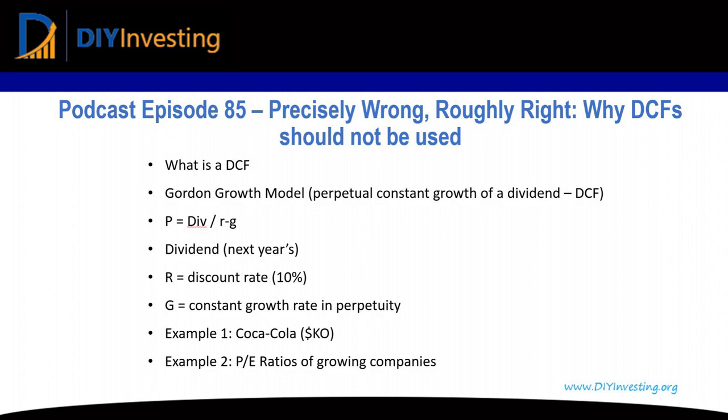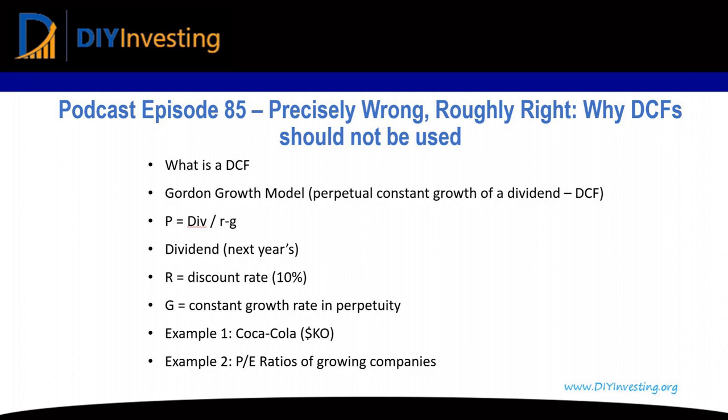Well, really what we're talking about here is using ranges for your intrinsic value instead of precise numbers. So instead of a number that says, this company is worth $120, you might have a calculation that says the company is worth somewhere between $80 and $150.